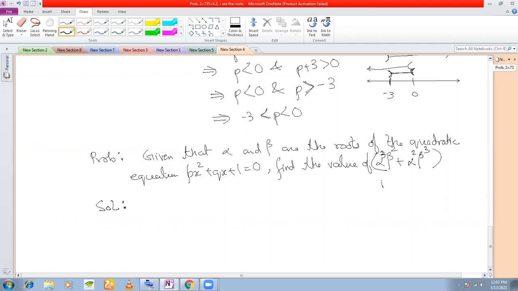For alpha, if I write beta, and for beta, I write alpha, with the powers remaining the same, is there any difference between these two? There is no difference.